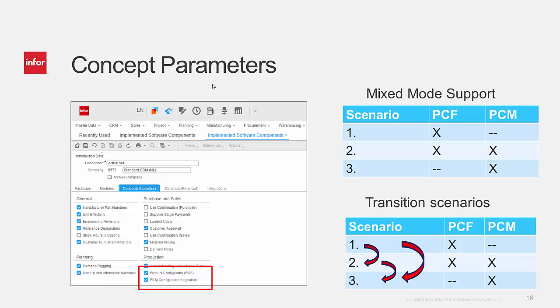We allow and facilitate changing this over time. So it can be the case that for a single item you first use PCF and at some point in time, after replication of the model in PCM, you switch and use PCM to configure this item.